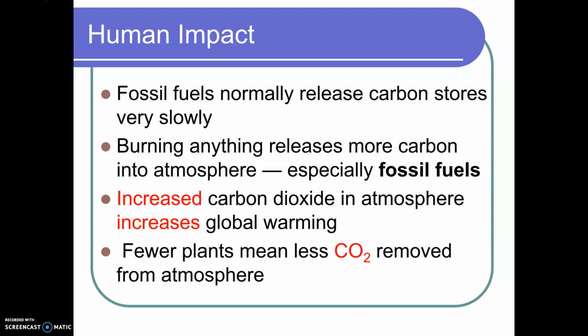And the problem that we come across is that increased carbon dioxide in the atmosphere increases the temperature of our atmosphere. This is called global warming, which I'm sure you've heard about before. Global warming describes something called the greenhouse effect. And this is whenever there are gases in our atmosphere that block heat from escaping.